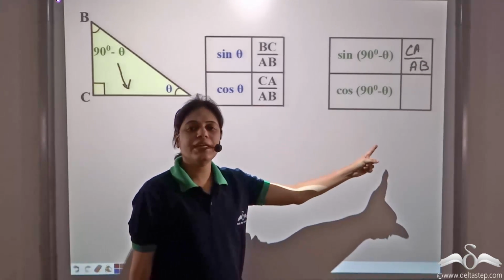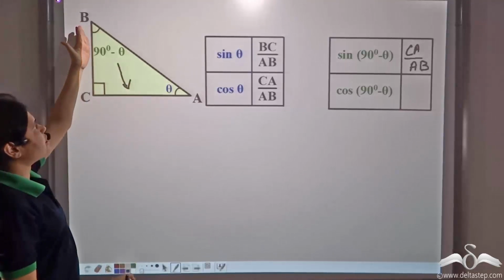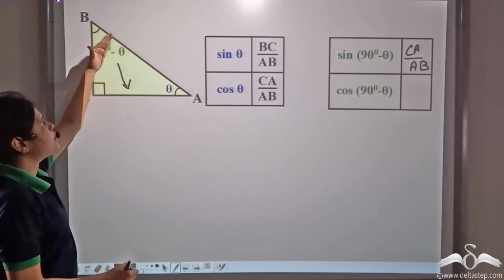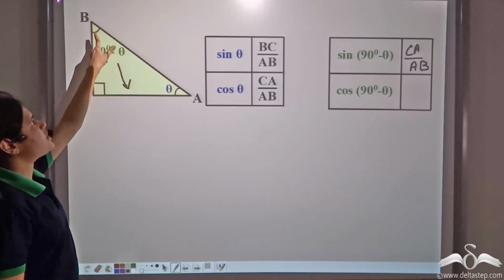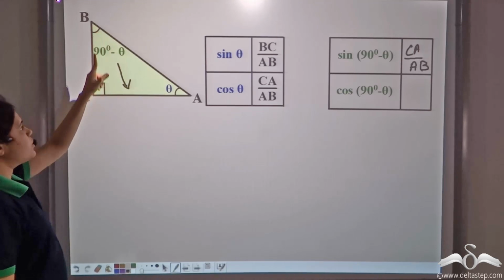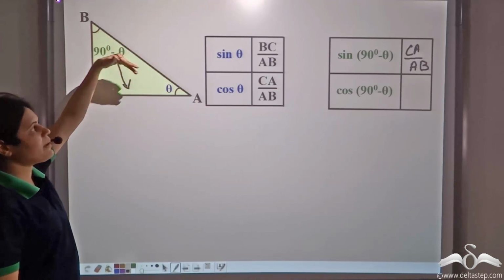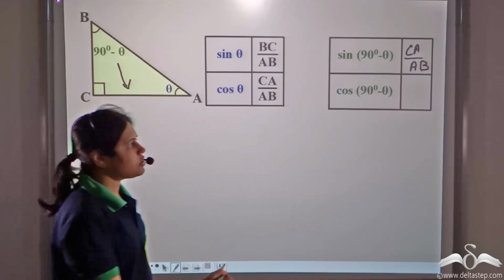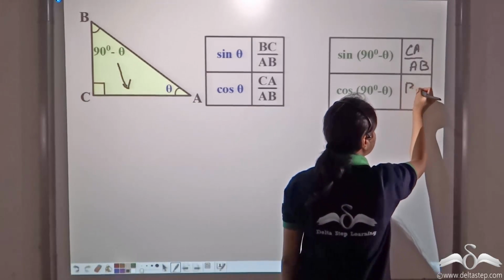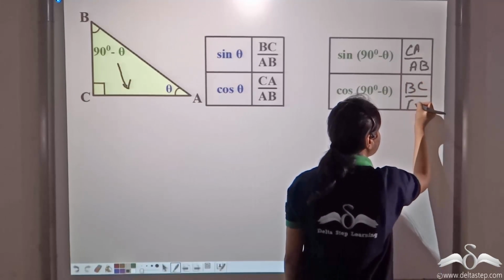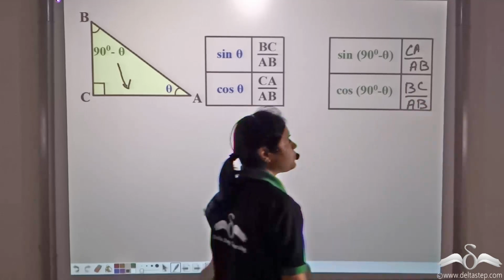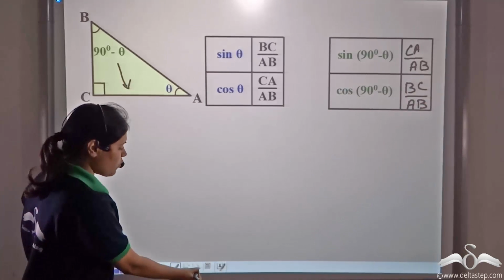Cos of 90 degrees minus theta will be adjacent by hypotenuse. This side is adjacent to this angle. So it is BC by AB, because adjacent by hypotenuse. So this is what we have.